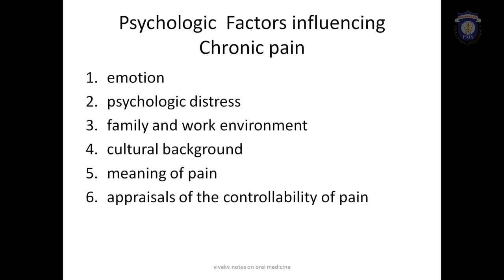The first factor is emotion, then psychological distress, family and work environment, cultural background, what a painful stimulus means to the patient, and the appraisals regarding the controllability of pain. So all these are psychological factors that influence chronic pain.